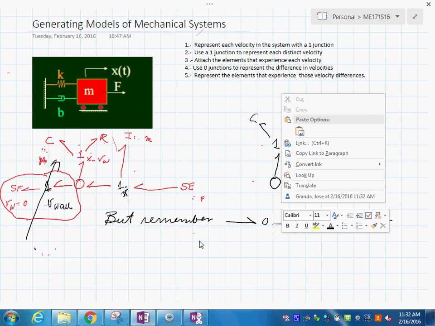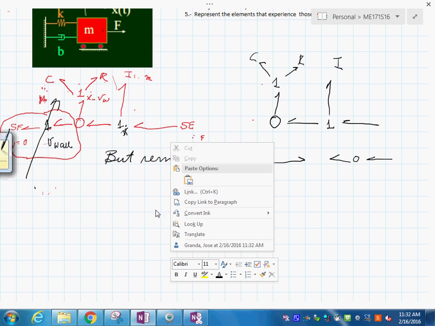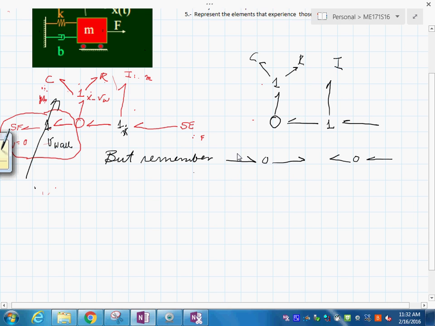So if you have this, doing the simplification, you'll have that this is a 1, with the C element, and of course in here you also have the I element.